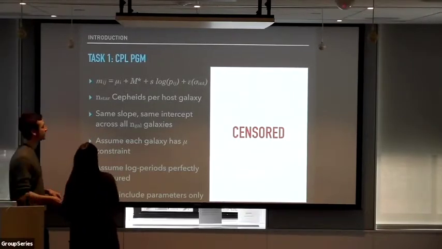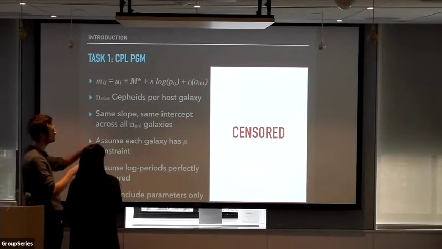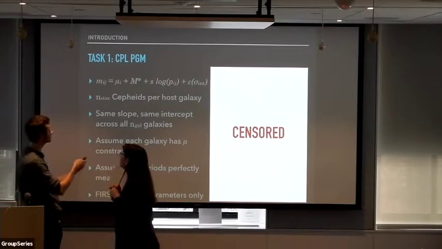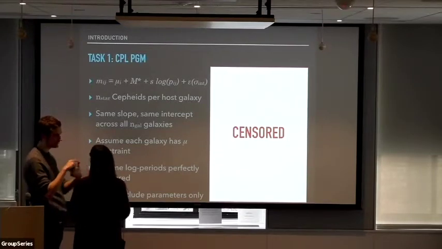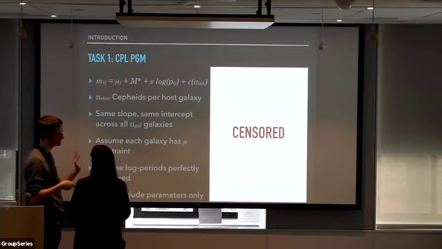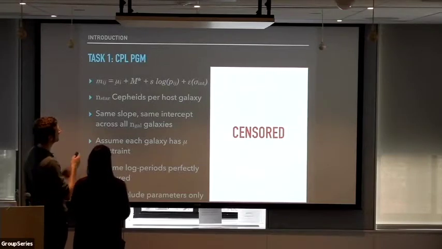So I just wanted to coordinate one diagram. Basically, you have n galaxies. Each galaxy contains n star Cepheids, simplistic. And each one of these Cepheids, you have some measured apparent magnitude. You have a perfectly measured period. All of the Cepheids are drawn from a population that has the same absolute magnitude and the same slope.